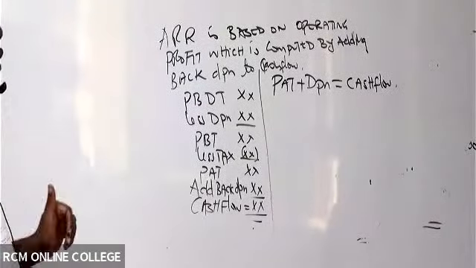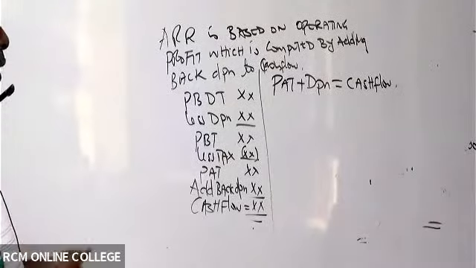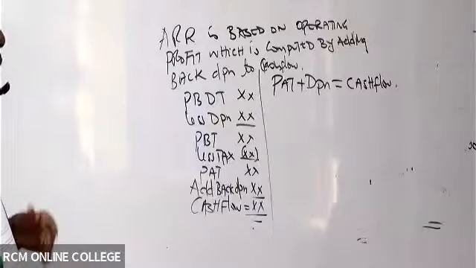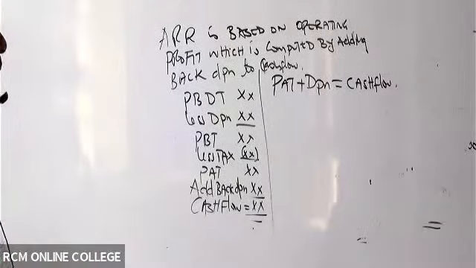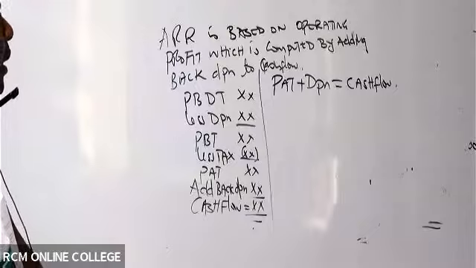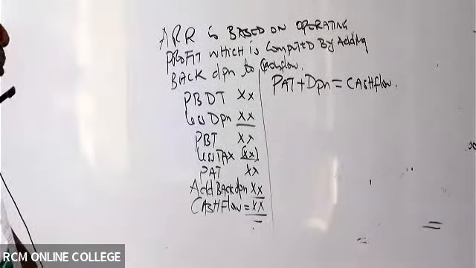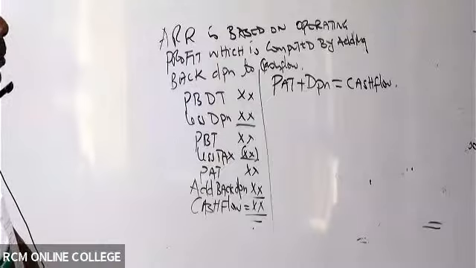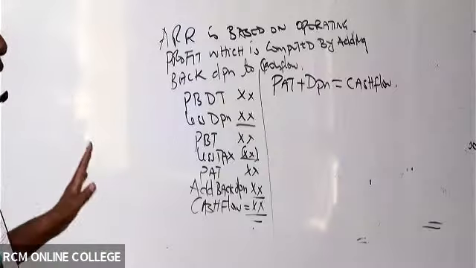So if you would want to get profits generally, what are you supposed to do? Saying that accounting rate of return is based on operating profit, computed by adding back depreciation to cash flow, is not correct.